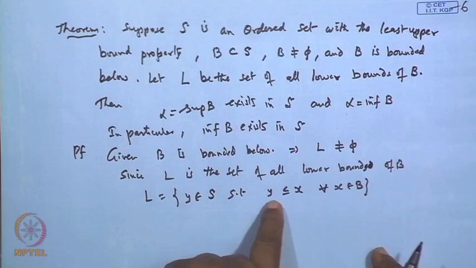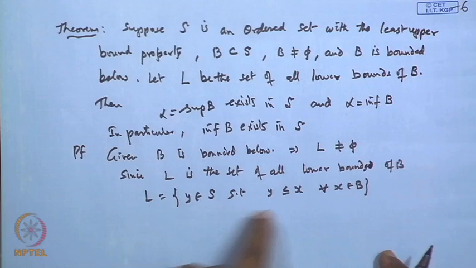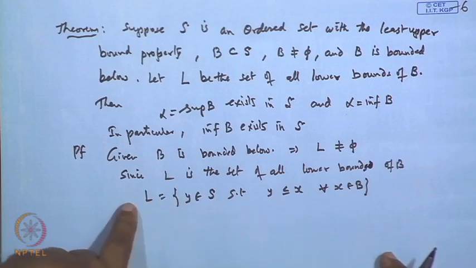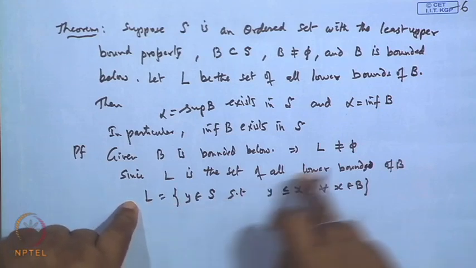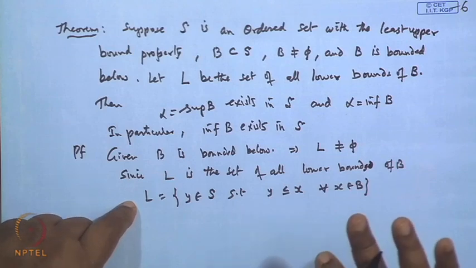So, if y is less than or equal to x, then y will be a lower bound for B, and such y which satisfy this condition will come in the class L. Okay, and this will be a non-empty set. This one thing is clear.